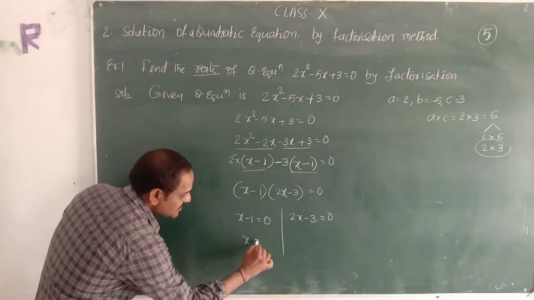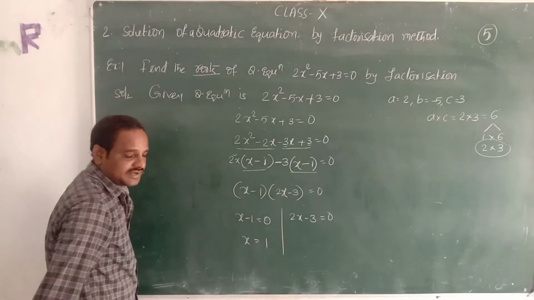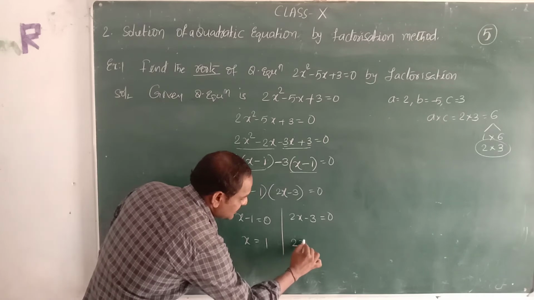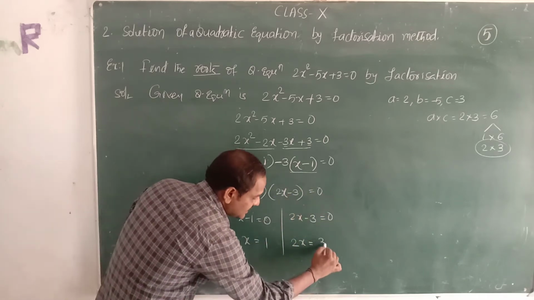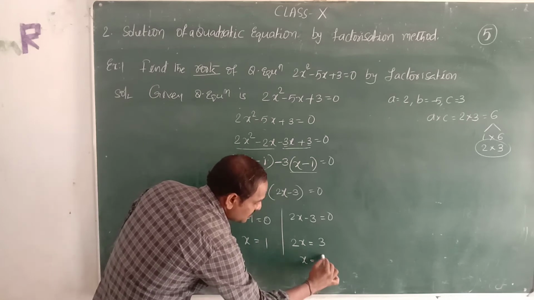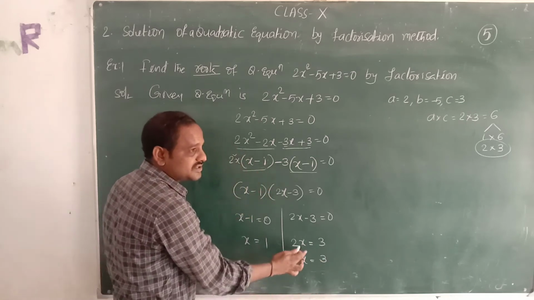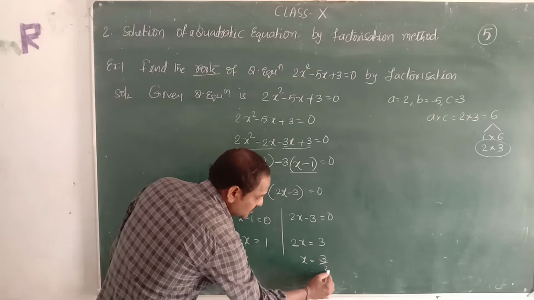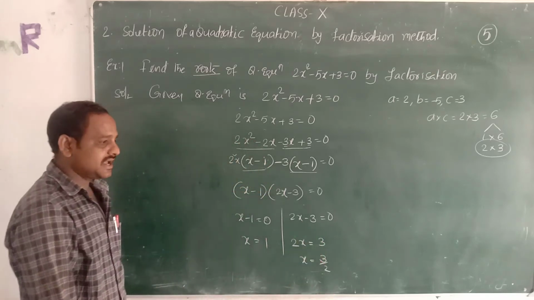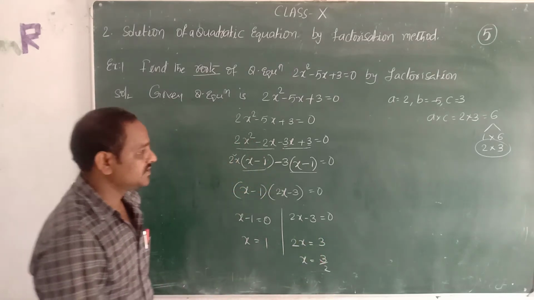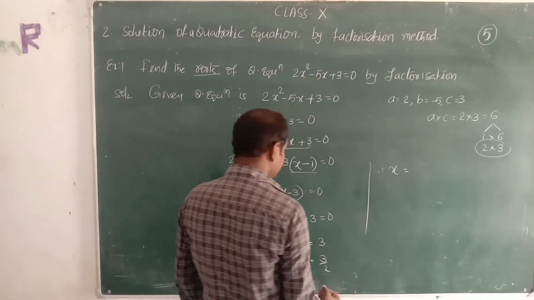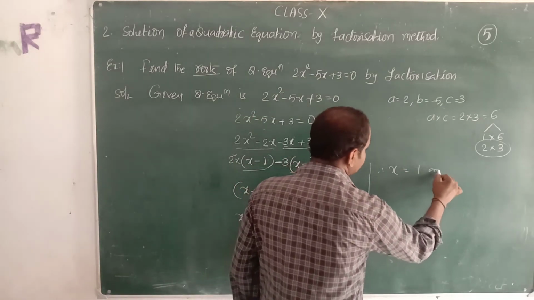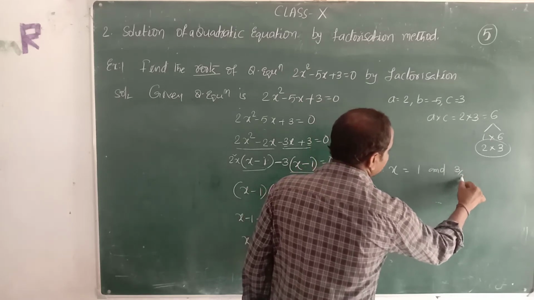Here x is equal to minus 1, which becomes plus 1, and here 2x is equal to minus 3. When we transpose, it becomes plus 3. 2x is equal to plus 3. When we transpose 2, it becomes by 2. So we got x equal to 1 and x equal to 3 by 2. Therefore, the value of x is equal to 1 and 3 by 2.